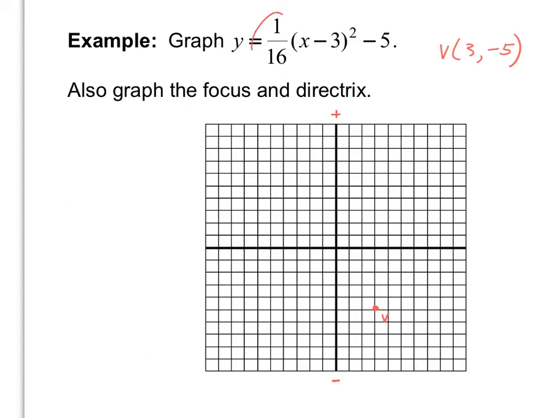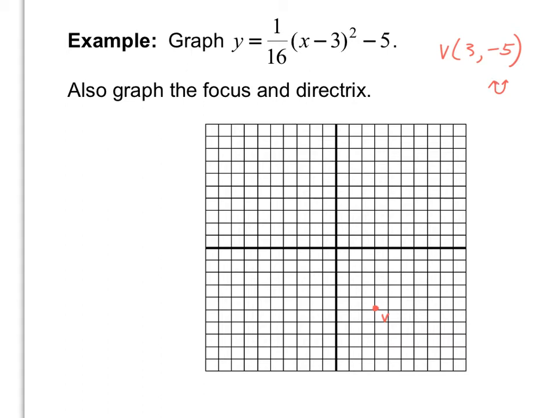If this number is positive, it's going to open to the positive part of my y-axis. If this is negative, it would open to the negative values on my y-axis. But what I have here is a positive 1 over 16, so I know that my parabola is going to open towards the positive y's, which means it's going to open up.